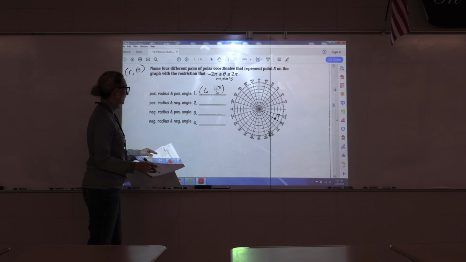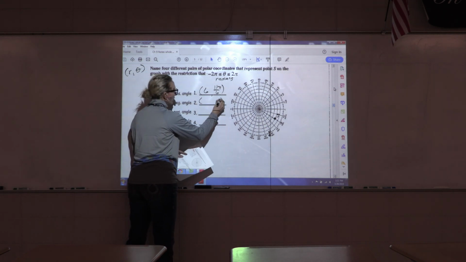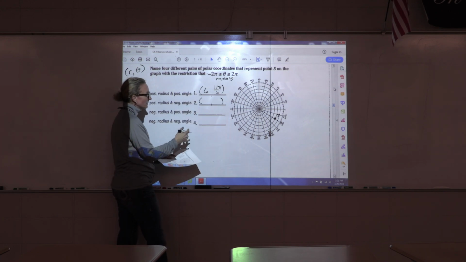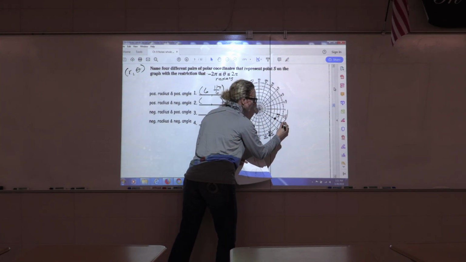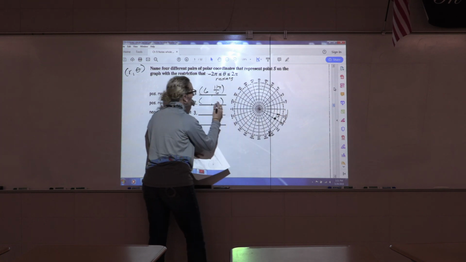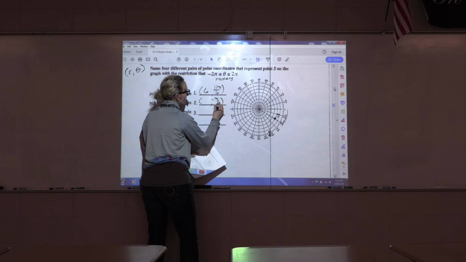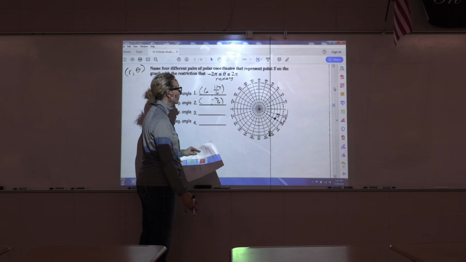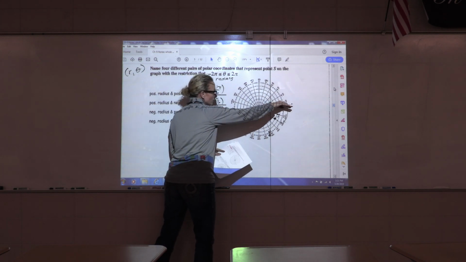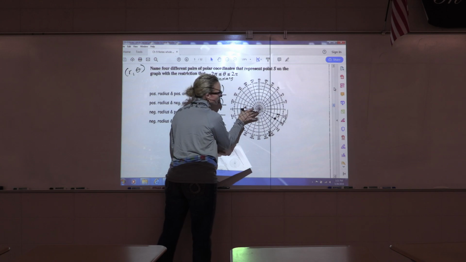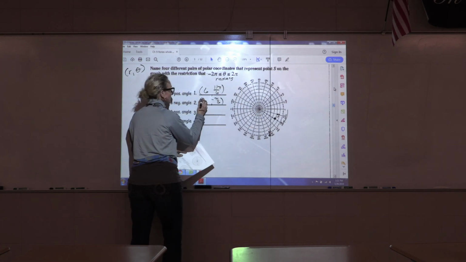Okay, then they want you to give another coordinate for the same point, but this time a negative angle. So the angle that goes from here to here would be negative pi over 6. That's 2 pi minus 11 pi over 6, which is pi over 6. Just go back 30 degrees, or back pi over 6. And it still is out a positive radius of 6.